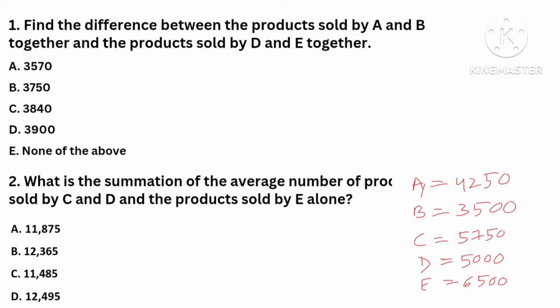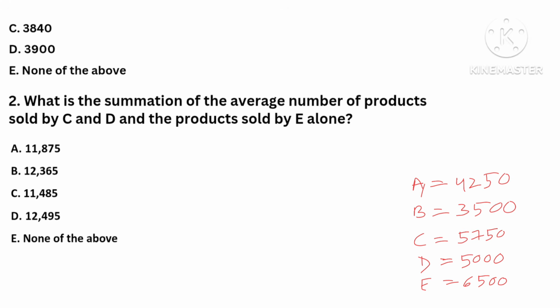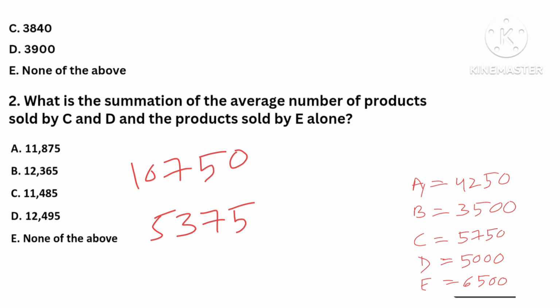Next, the second one. What is the summation of the average number of products sold by C and D and the product sold by E alone? C and D together is 10750. Average means half of that, which is 5375.